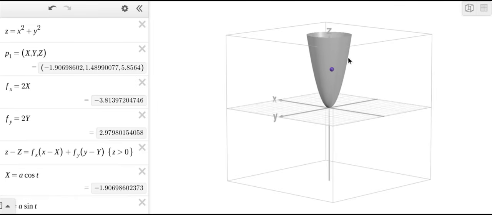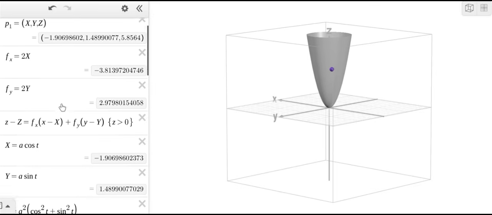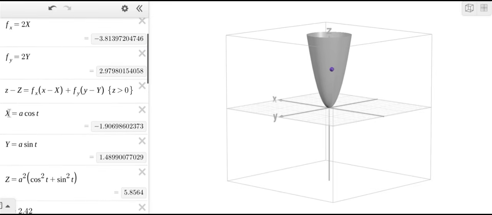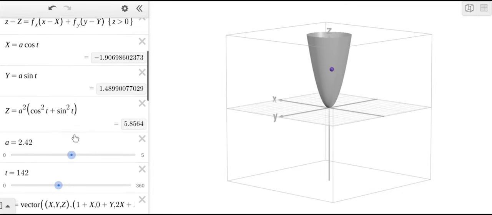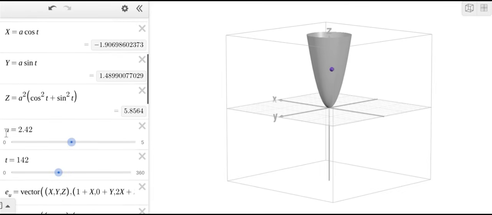So those are the parametric equations I'm using, and they are these three equations: the capital X, capital Y, capital Z. And what that does is A would be the radius of that circle, so I can make the circle larger or smaller. And T is theta, the angle from the center to the surface, okay? So it goes around and around and around.